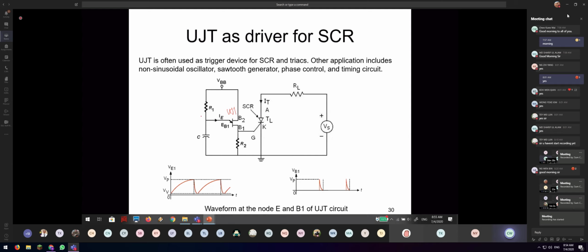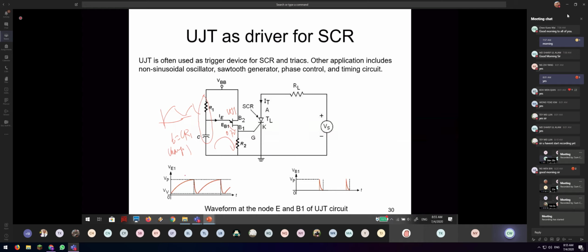When I turn on, it will charge up with time constant T equal to CR1. So it's a charging waveform. When it charges up and reaches a certain threshold, because it's a PN junction, normally 0.7 volt, it will discharge.